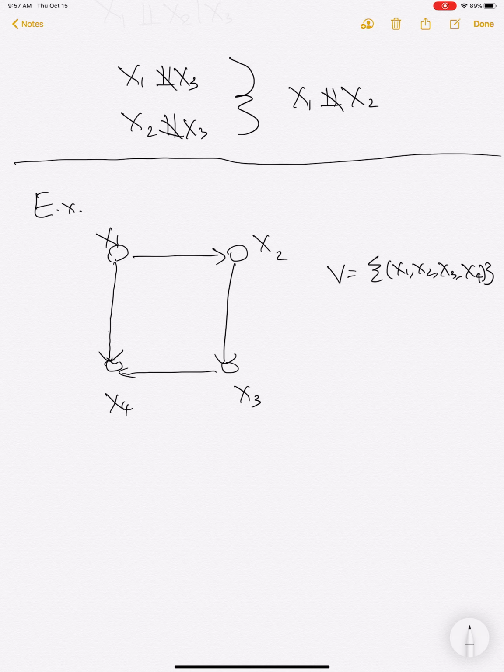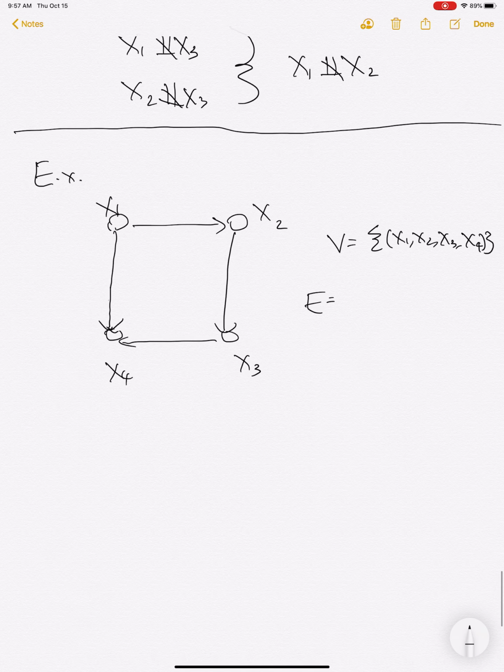If the edge from x1 to x4 was reversed, then this would not be a DAG because you could move from x1 back to itself in cycles. And so the edge set here is clearly, there are 4 edges.